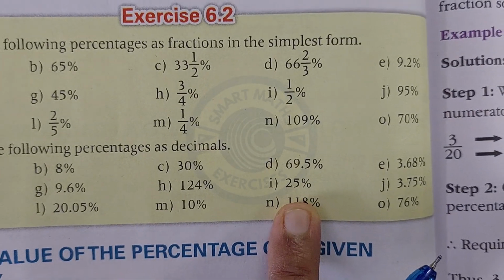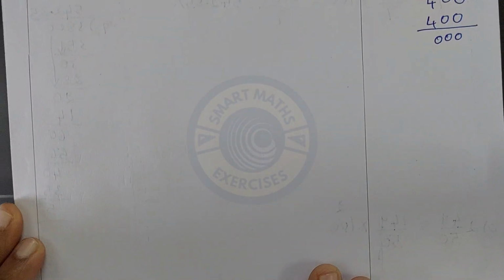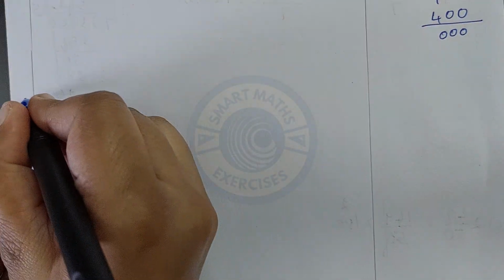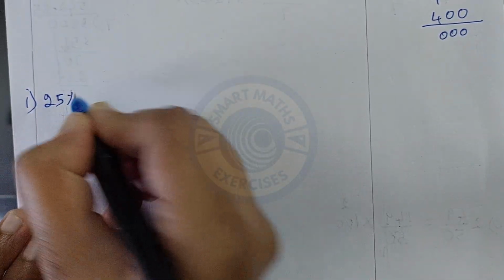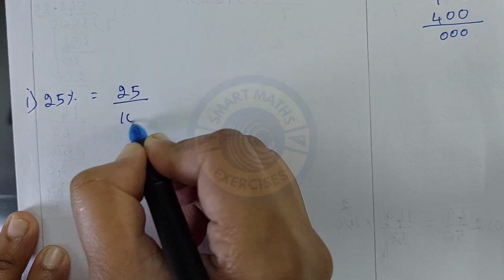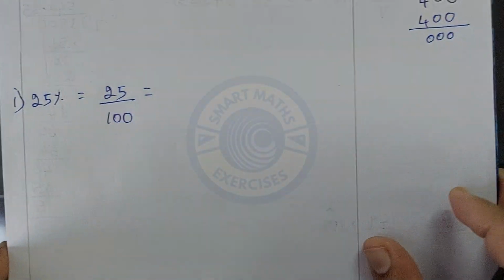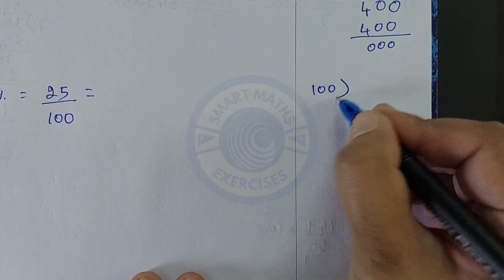Next question is I, 25%. Divide 25 with 100. 100 outside and 25 inside.